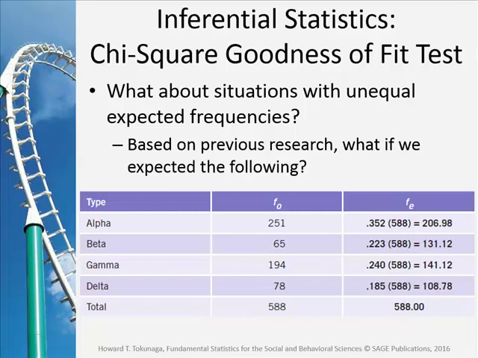What about the situation where we have unequal expected frequencies? So maybe like our handedness example. Well, then you just apply that expected frequency when you're calculating how much of the overall sample you should have.